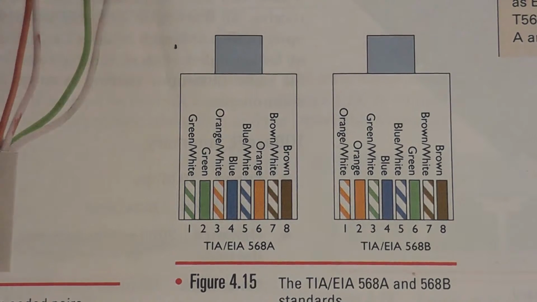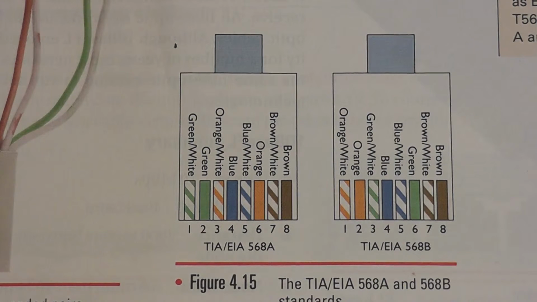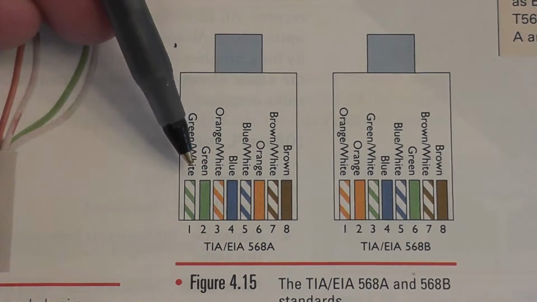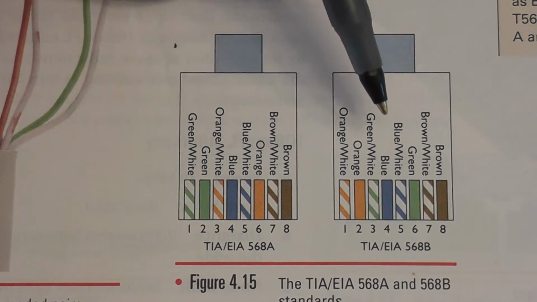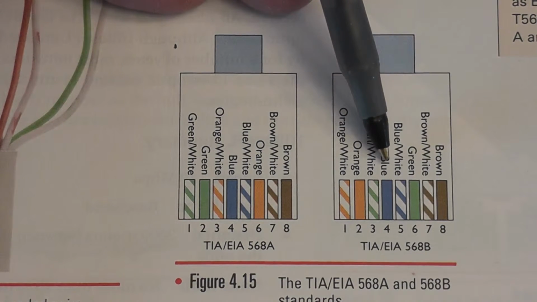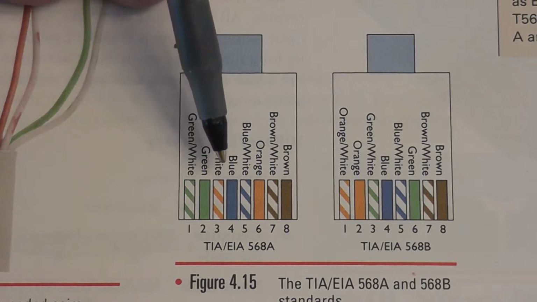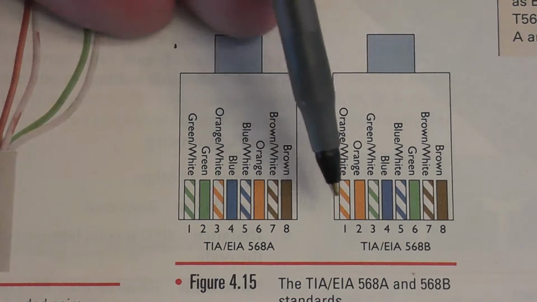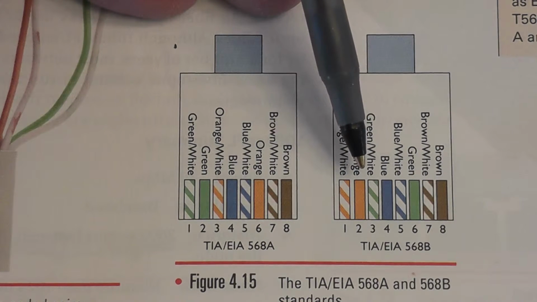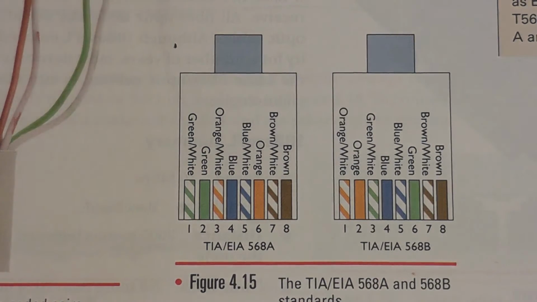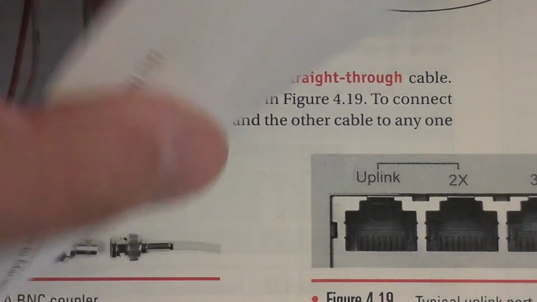By doing that, can you see that what's on pins 1 and 2 on one end is going to go to pins 3 and 6 on the opposite end, and what's on 3 and 6 on one end is going to go to 1 and 2 at the opposite end? Sometimes that's a hard thing to see.